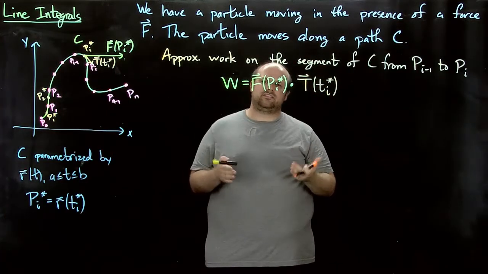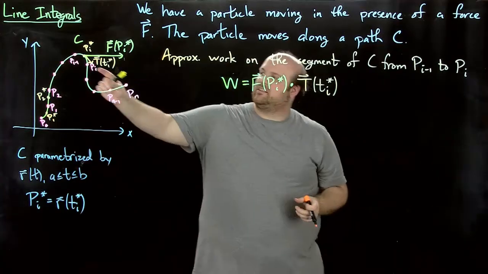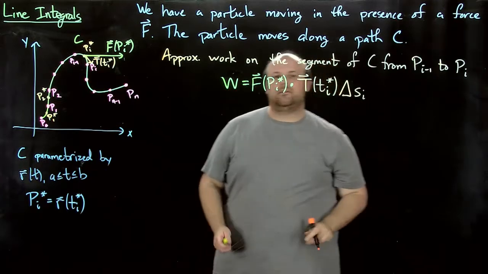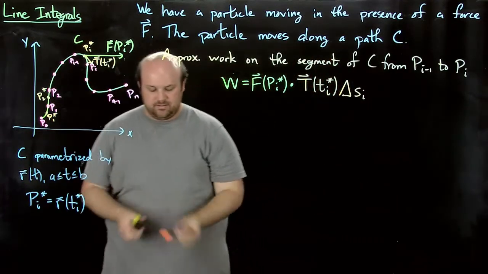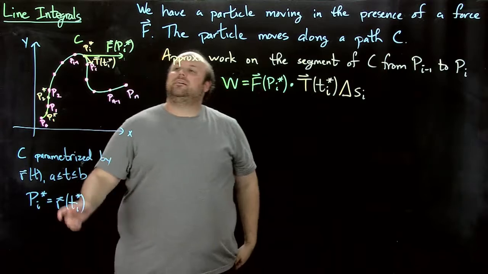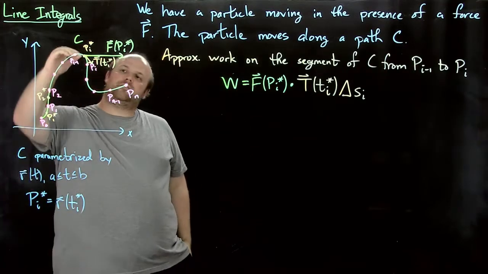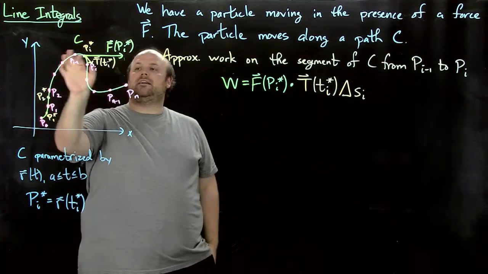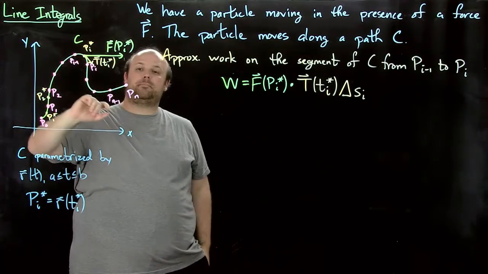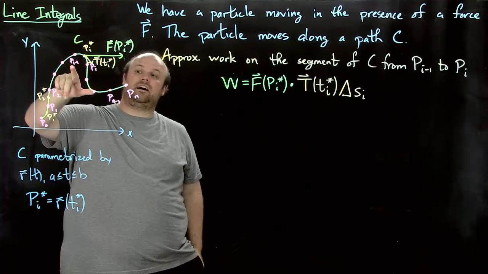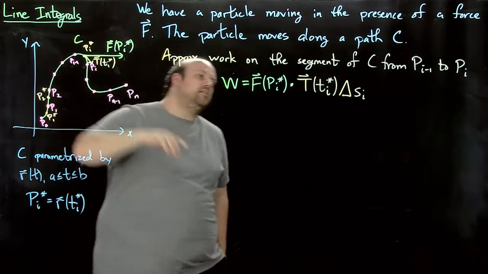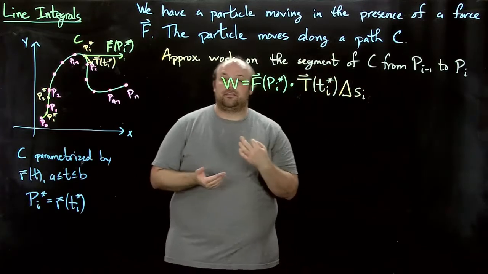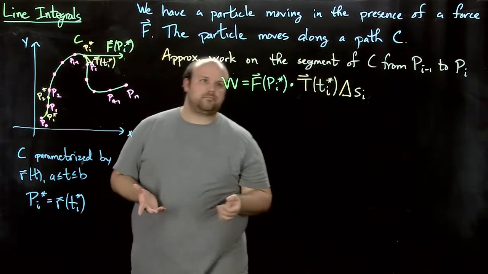But that's a length 1 vector. We actually want the length of that segment, so we have delta si. So what that does, it says, well, the particle's moving in this direction T, and delta si, remember, is the arc length of the segment from Pi minus 1 to Pi. So this, in a sense, is approximating the displacement vector, right?